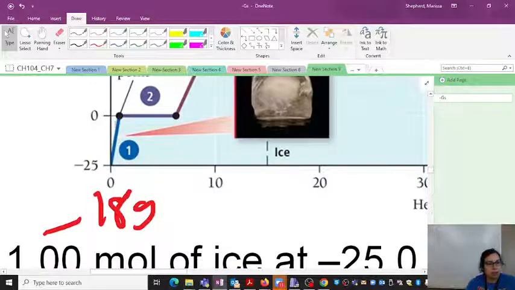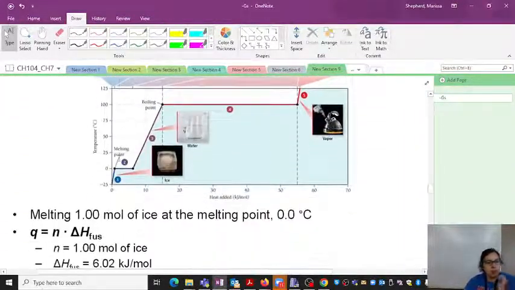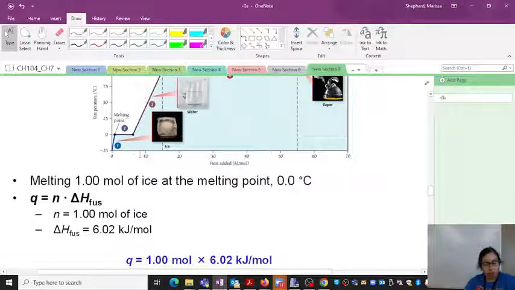So right now we're here. Now we have to do the energetics of melting. You would look up your heat of fusion for your substance. Again, we're at our melting point for water, so the heat of fusion for water is 6.02 kilojoules per mole. Now we're in units of mole, so it's fine to leave this as mole.